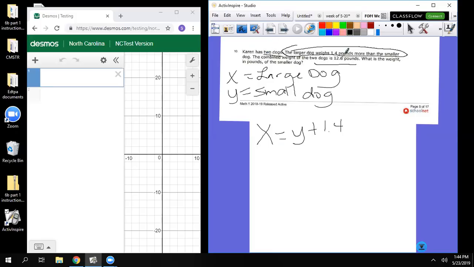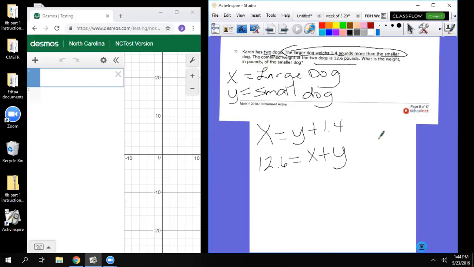It says the combined weight of the 2 dogs is 12.6 pounds. So 12.6 is going to be equal to our large dog plus our small dog, okay? Now we're going to use any method that we like to go ahead and solve this for the small dog.